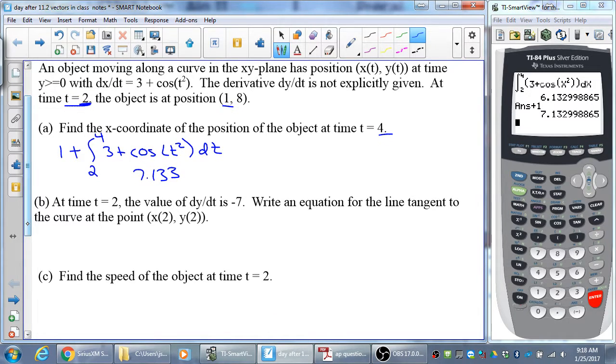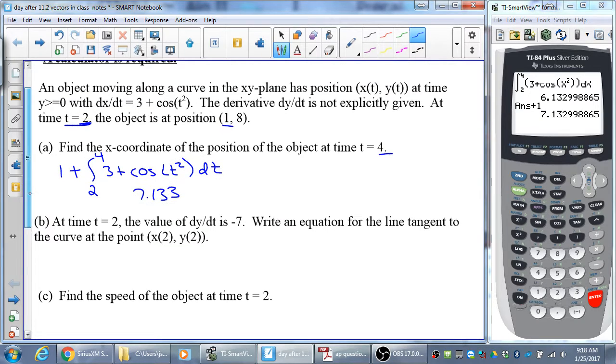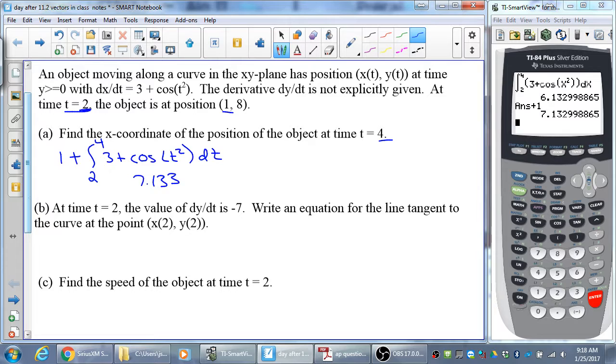At time t equals 2, the value of dy/dt is negative 7. So they don't give us the equation for the derivative, but they do give us a value for it. Write an equation for the line tangent to the curve at the point t equals 2. Don't we know the point? It's (1, 8). So the tangent line is y minus 8 is equal to blank times x minus 1.